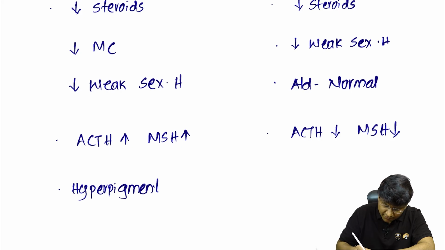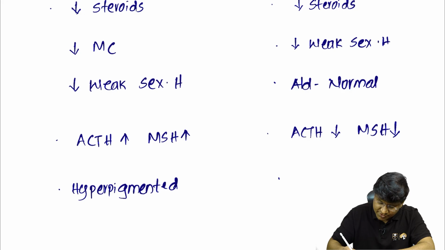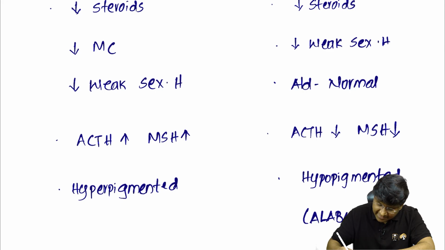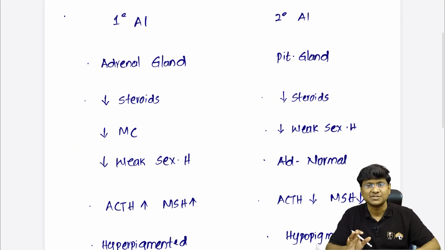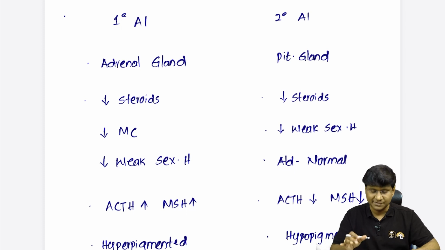Whereas in secondary adrenocortical insufficiency, they will have hypopigmented skin, and this hypopigmented skin in secondary adrenocortical insufficiency is what is called the alabaster skin. So these are the differences between the primary and the secondary adrenocortical insufficiency.